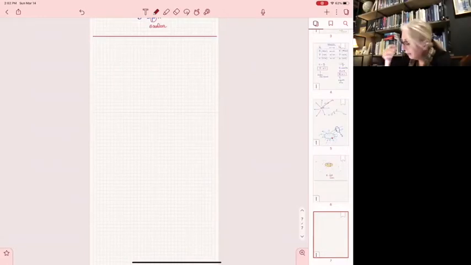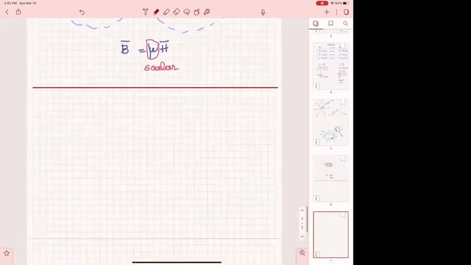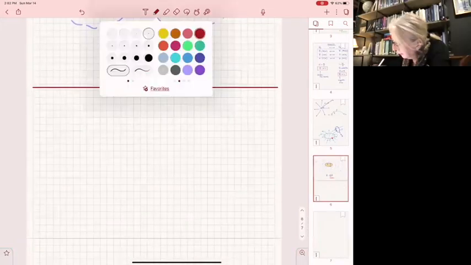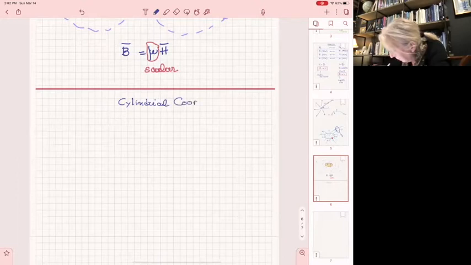Okay, then let me start with something more fundamental. So we're talking about a cylindrical coordinate system.